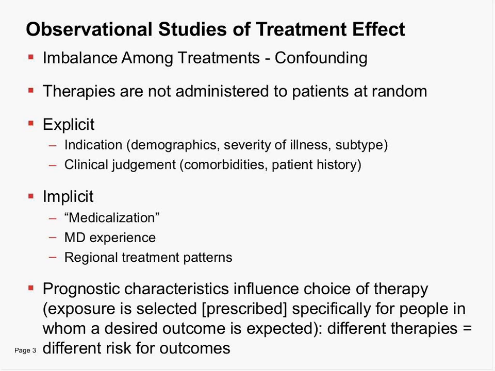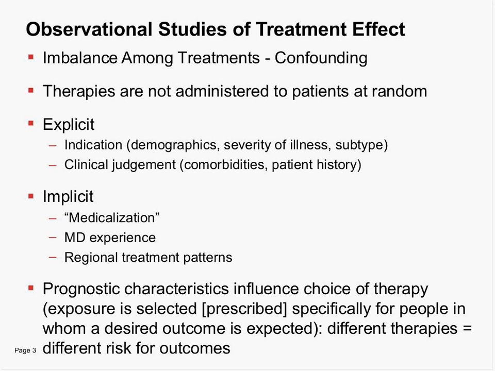Explicit ones, the indication for the treatment, the patient's characteristics, their underlying diseases, and even subtypes of the diseases for which the therapy is perhaps most applicable, are explicit things that you might be able to point to as to why a patient received a treatment. In addition, there is judgment that goes into the treatment decision: patient's comorbidities, their history, the experience that the clinician has with that patient.